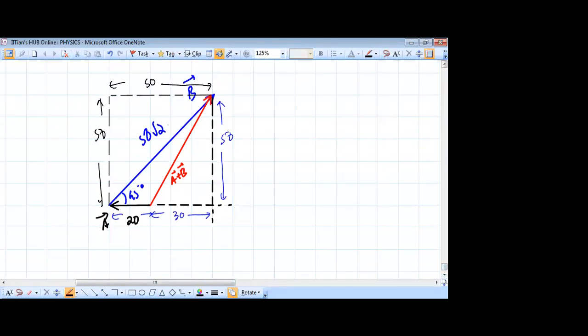Finally we want to find this line, so we break this figure like this. That's how we get the mod of A plus B: square root of 30 squared plus 50 squared, which comes out to be 10 root 34 kilometers.